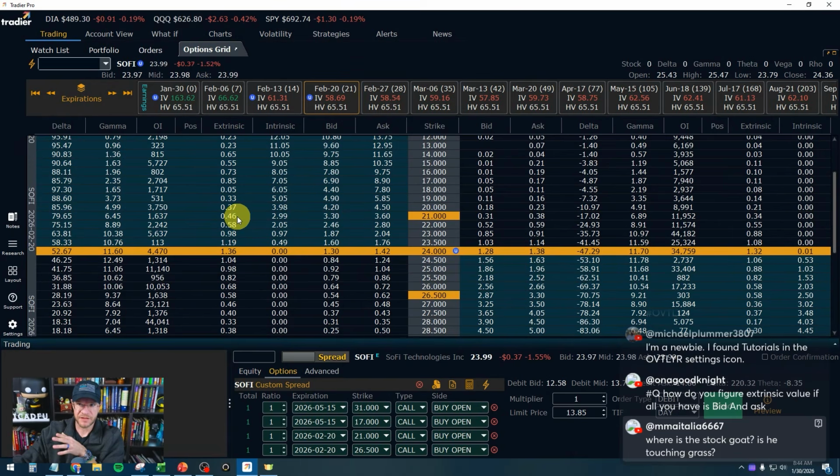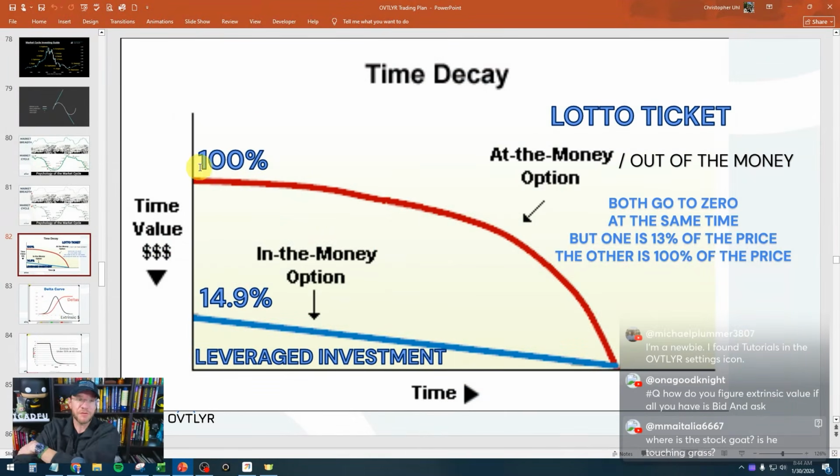This one's at 45 cents. And because of that, it actually costs more on a day-to-day basis on your extrinsic value to be out of the money than it does to be in the money. Now remember, every single bit that you buy in your option that's out of the money will decay.